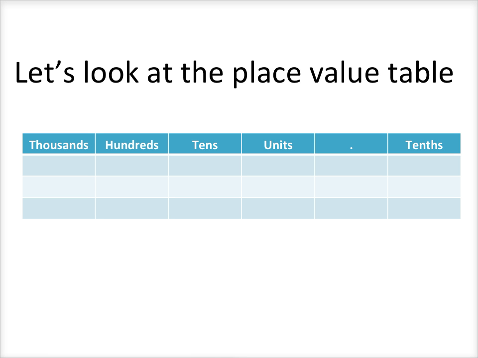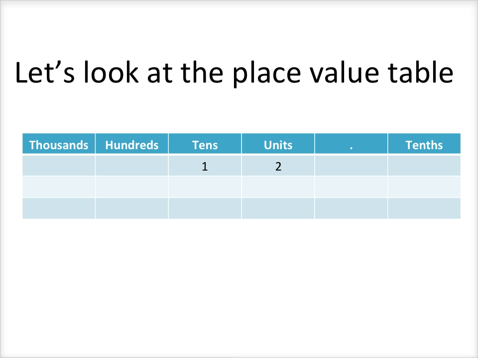Let's look at another example using our place value table. Remember, again, the columns always get 10 times bigger. I've put the number 12 in the place value table. That means there's 1 ten and 2 units.